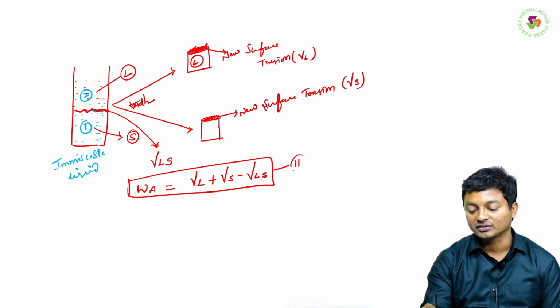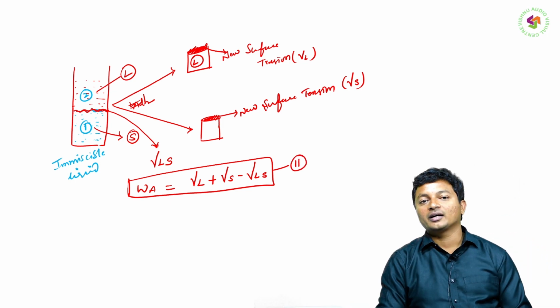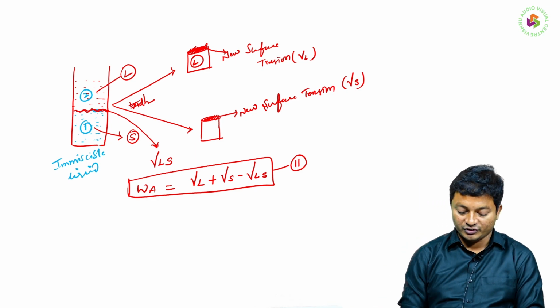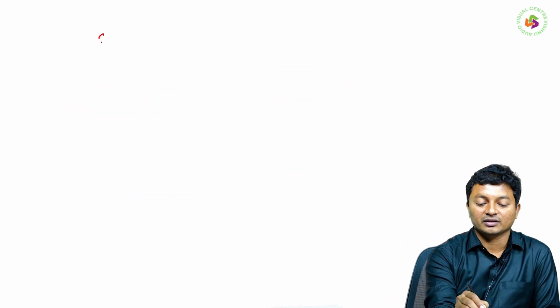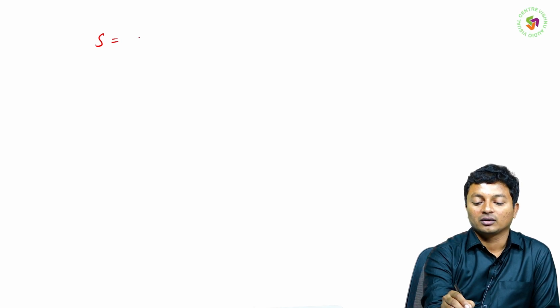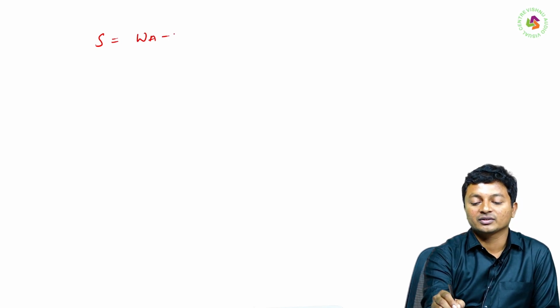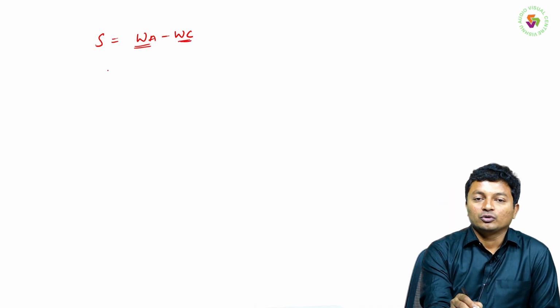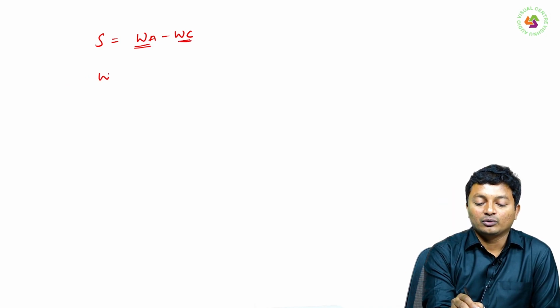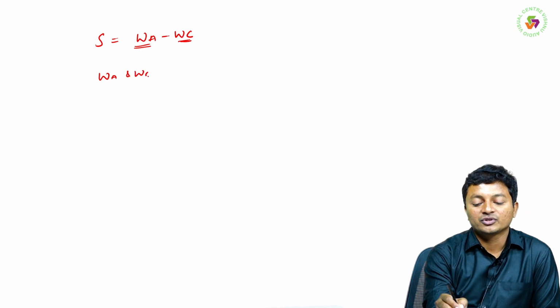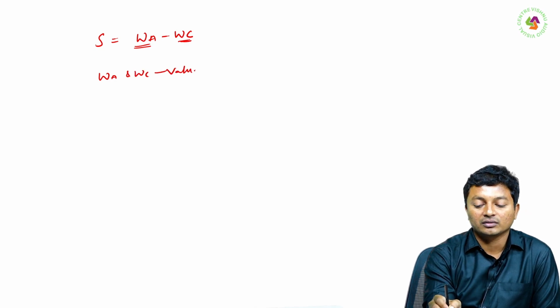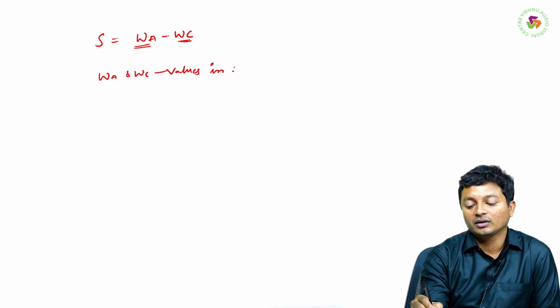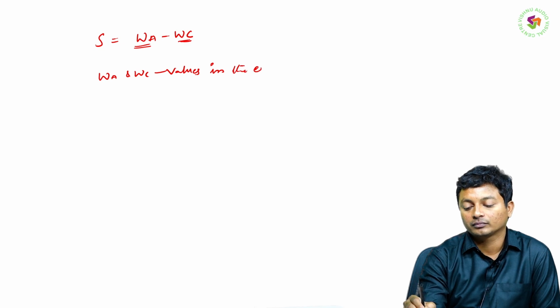Let us consider this as the second equation. As we discussed, the spreading coefficient S equals WA minus WC, that means work done at adhesive force minus work done at cohesive force. Let us substitute the WA and WC values in the above equation.